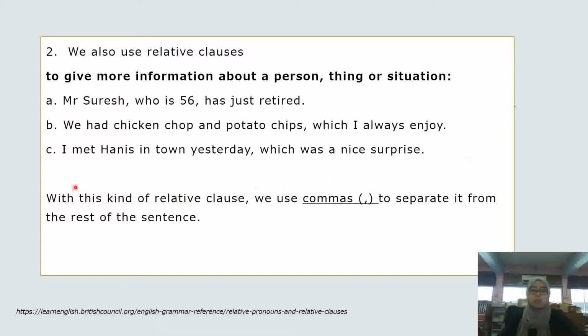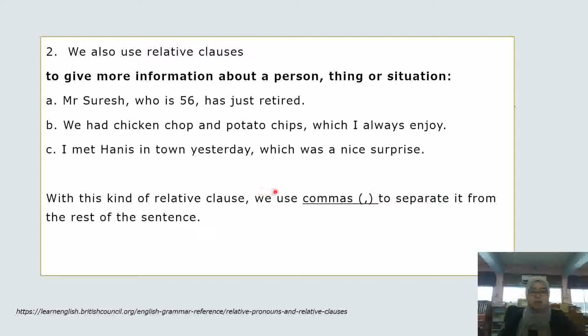The third example: I met Hanis in town yesterday, which was a nice surprise. Here we are giving more information about your meeting with Hanis yesterday. How do you feel, or what is the impact on you? You feel that it was a nice surprise.